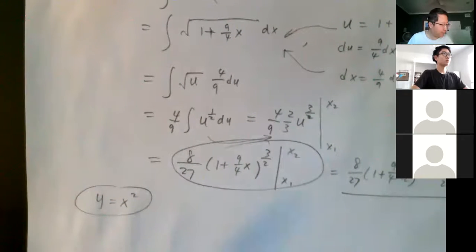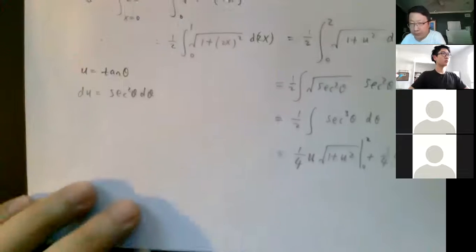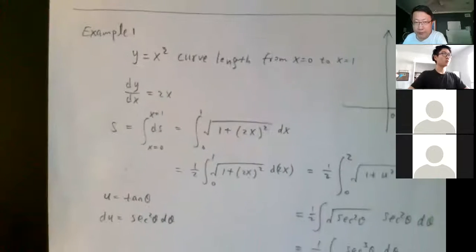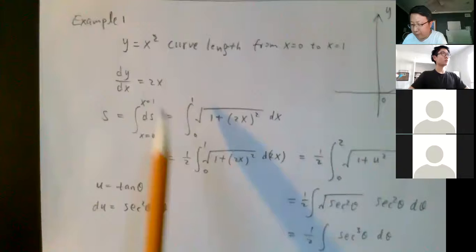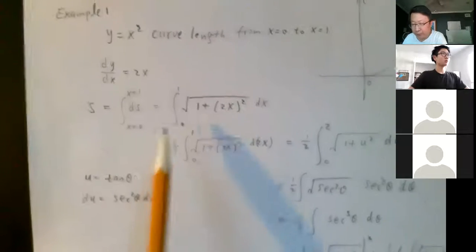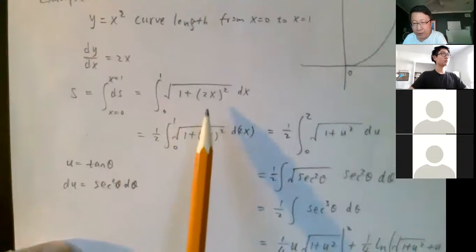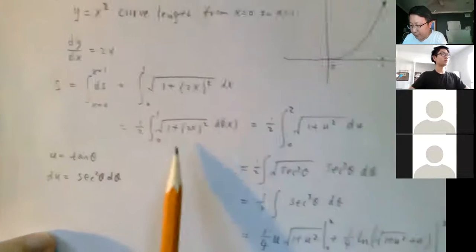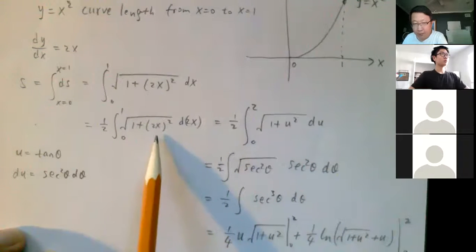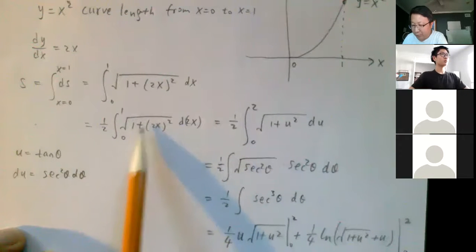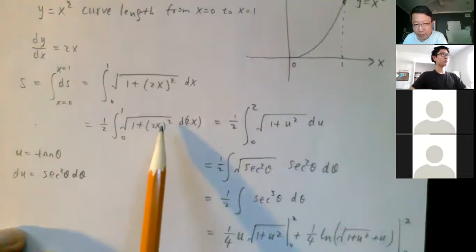I have it here, but I don't want to go over it. If y equals x to the power 2, then dy/dx equals 2x, and when you integrate, it becomes the square root of 1 plus something squared, x squared.